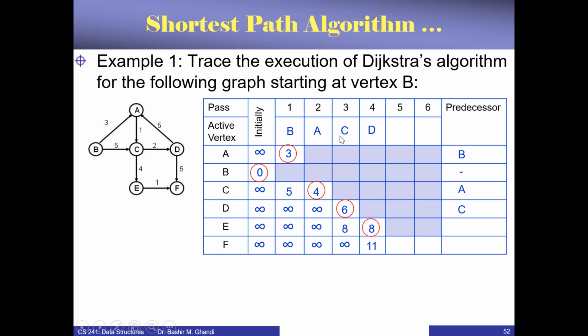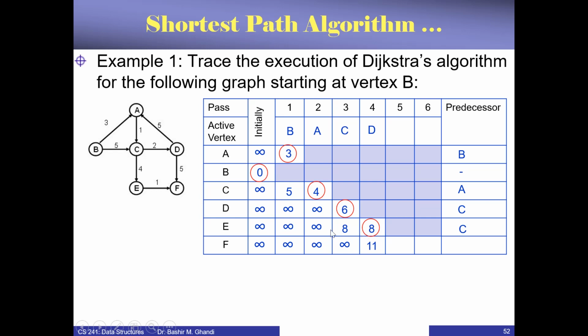So that vertex is actually the predecessor, not the one directly up. So you have to be very careful here. The predecessor was C. We got the cost of reaching E actually from C, not from D. We can never reach from D to E. This is very important to take note because it's different from the other cases.